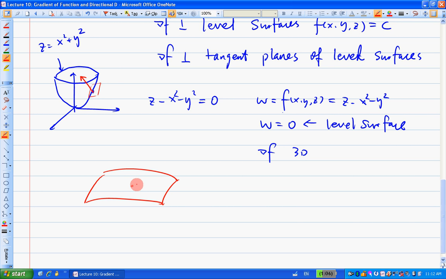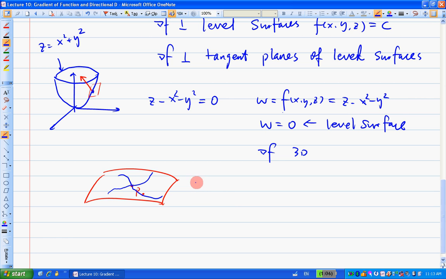Let's call it P naught. On this surface, I can have an infinite number of curves passing through that point.